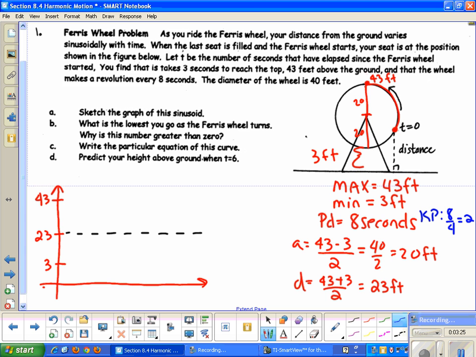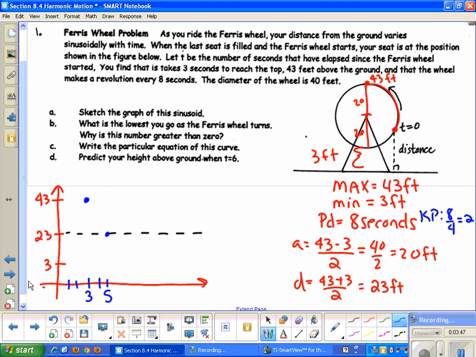Now we don't know where our graph is at time t equals 0. The only thing we do know is that at 3 seconds we're at our maximum value, which is up here. Since we're going by 2 for our key values, the next one, which would be 5, we could be at our next value, which would be right here.